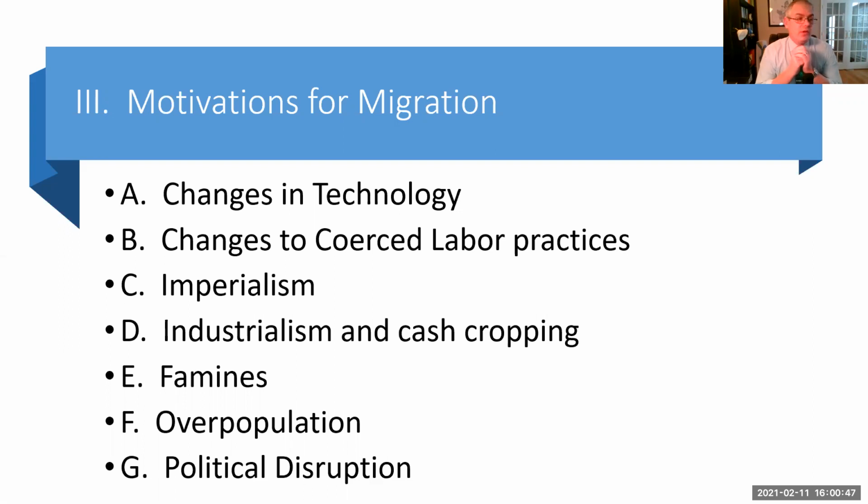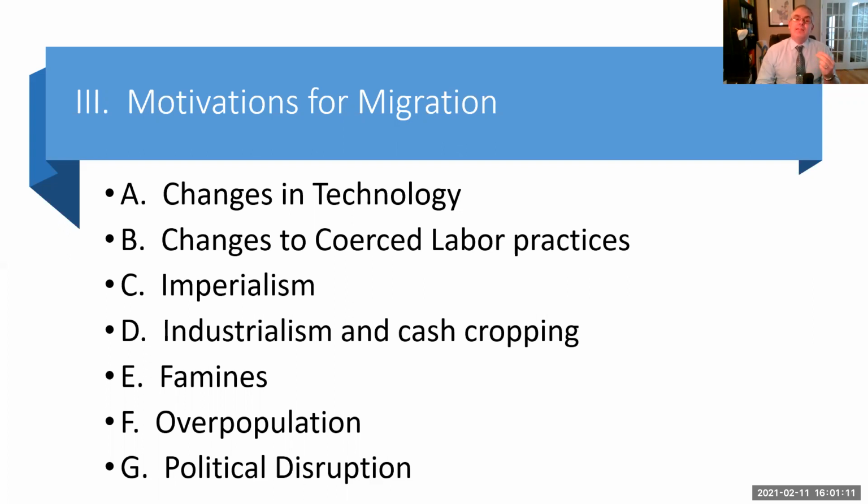So, for example, if you're a Russian serf who lives thousands of miles away from the coast, the railroad allows you the opportunity to get to the coast. The steamboat allows you the opportunity to travel across the Atlantic and end up in the Americas. So, this advance in technology is going to be critical to the increase of migration.